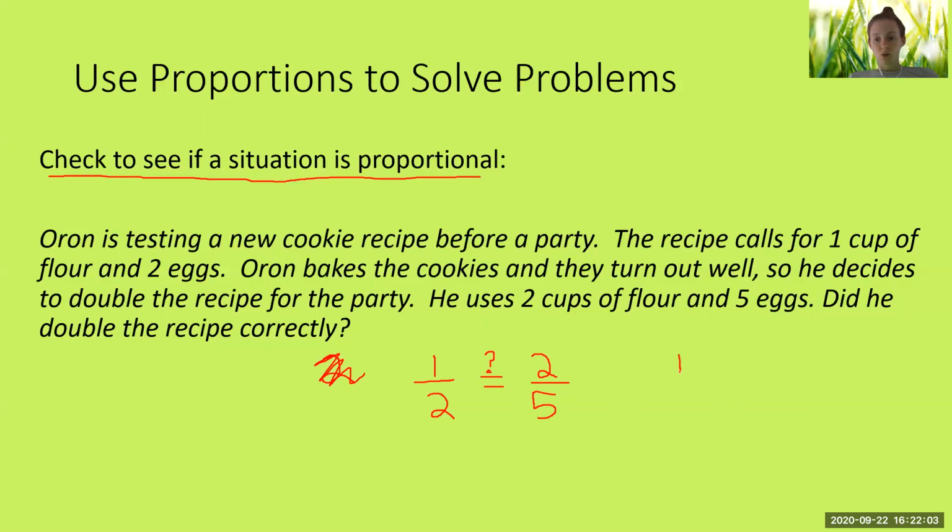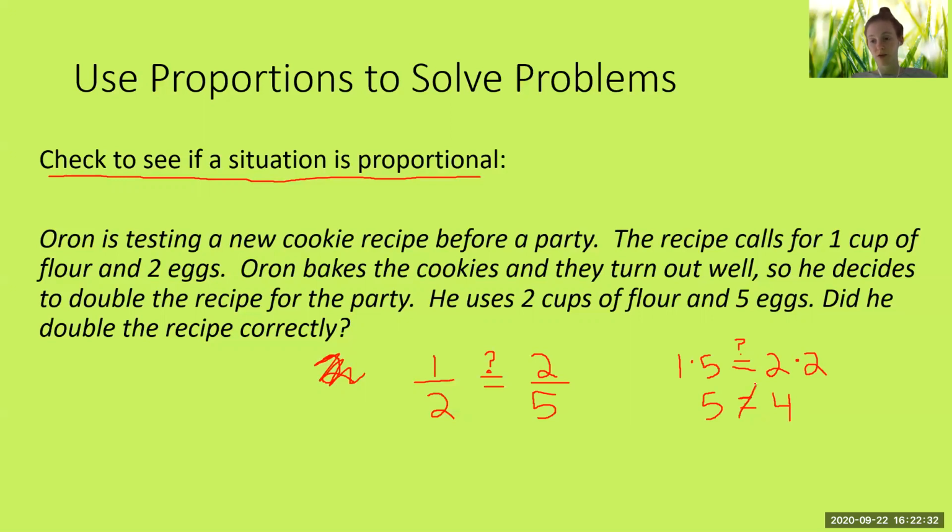So let's see, 1 times 5, is that equal to 2 times 2? Well, we get 5 is equal to 4, and that is definitely not true, right? 5 is actually not equal to 4.